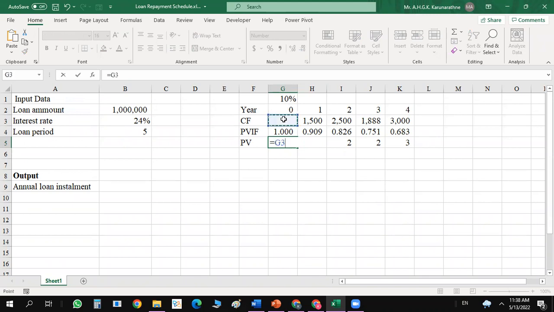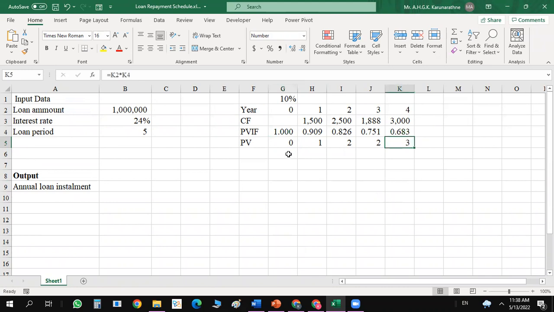This cash flow is multiplied by the interest factor. Now you can drag this to this area, and if you want to get the total present value, you can take the sum here. This is all you know.